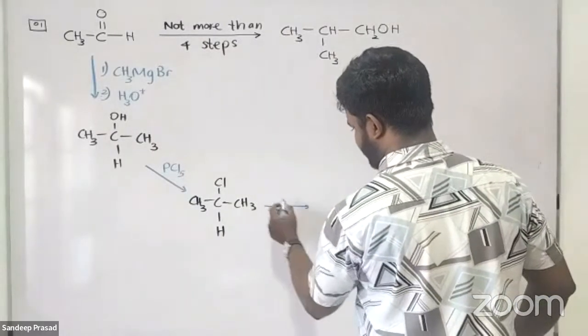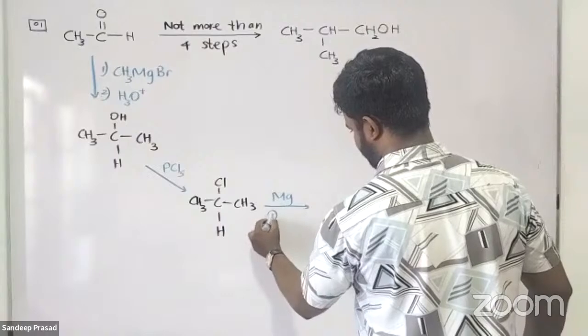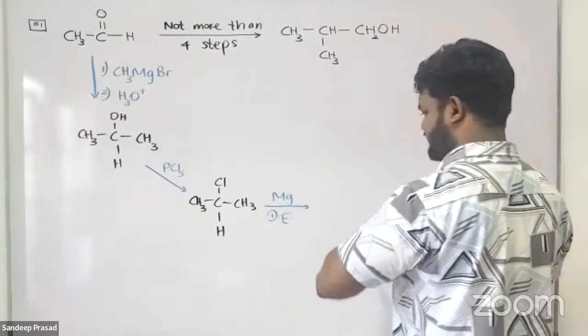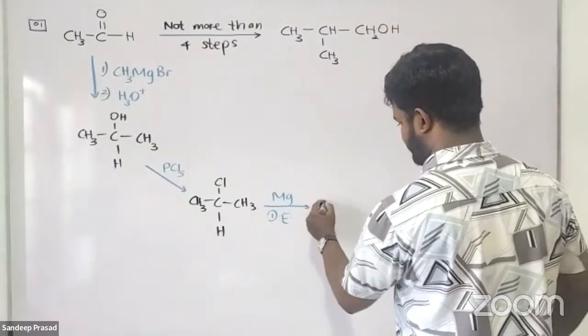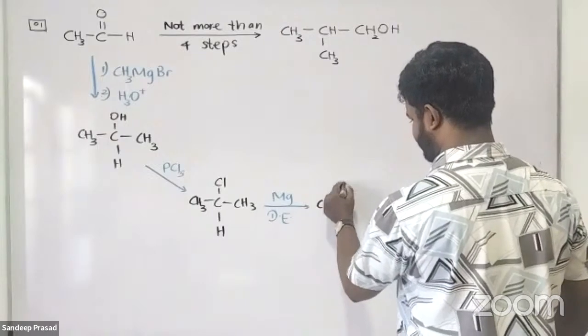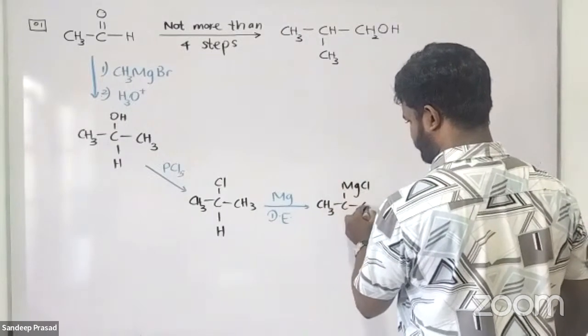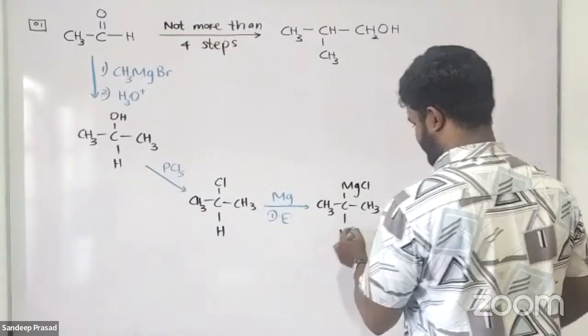By adding magnesium and dry ether, I can make the Grignard reagent, CH3, CMgCl, and H here.